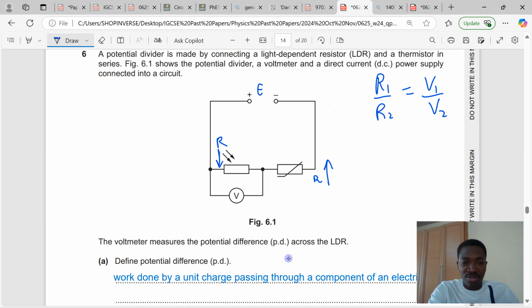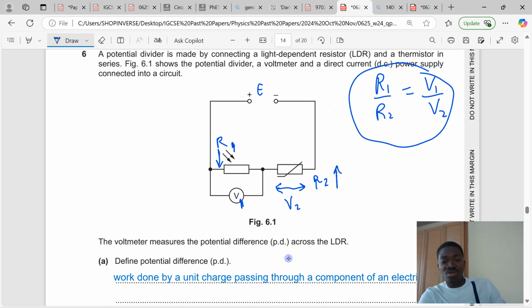If we take the resistance of the light dependent resistor as R1, the resistance of the thermistor as R2, the voltage across the light dependent resistor as V1, and the voltage across the thermistor as V2, this formula will always be applied.